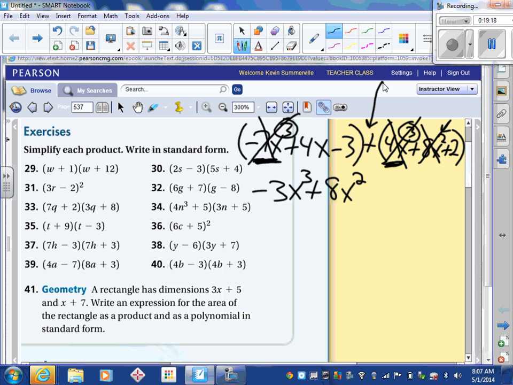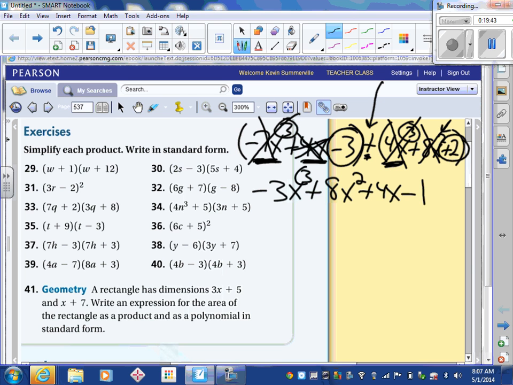So, what's next? 4x. So plus 4x. Cross it out. Double check to make sure there's no other 4x's there or any other x's. What's left? Negative 3 plus 2. That is negative 1. Is this in standard form?